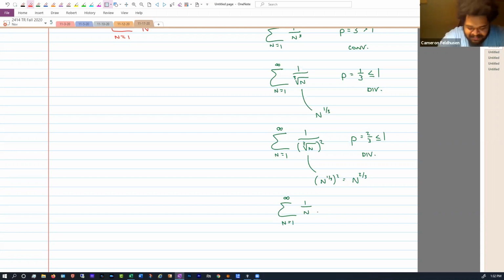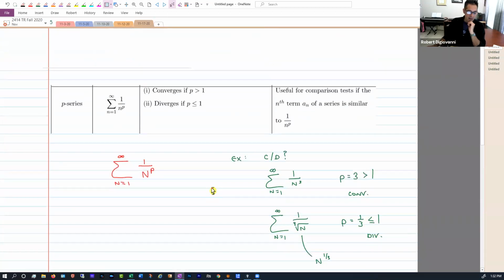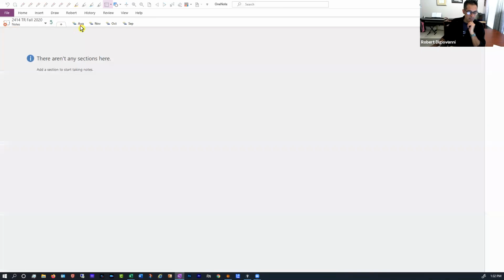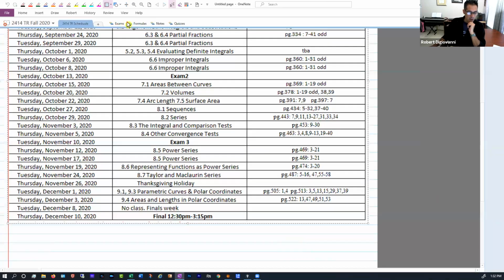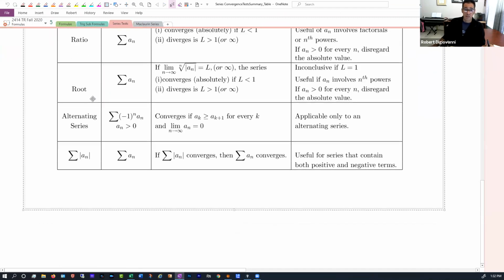Divergent, right? But now you can see kind of why, because the power on this is 1, isn't it? So this is really a P series with P being 1. And according to the formula, if your P is less than or equal to 1, you diverge. That is why on your formula sheet you don't have anything that talks about harmonic series.